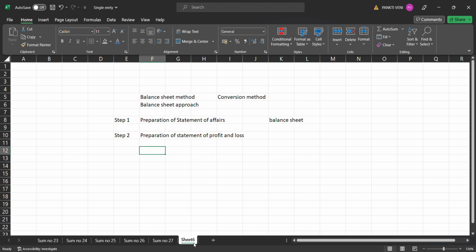Let me take it through. So it is the capital account. I'll make it a little simple.